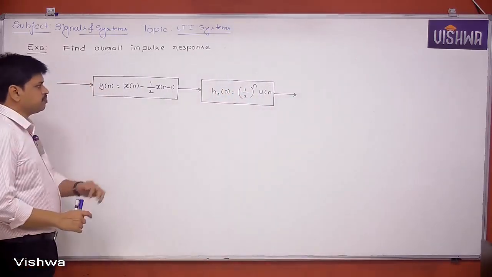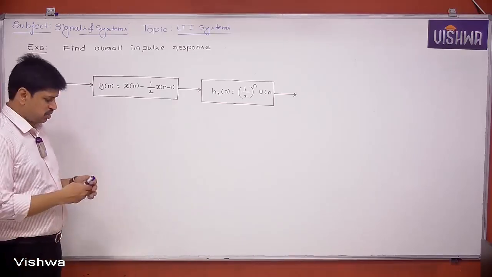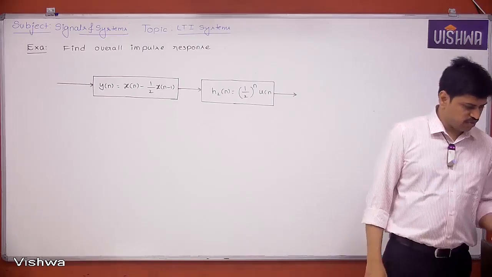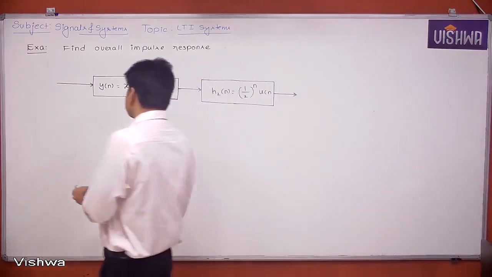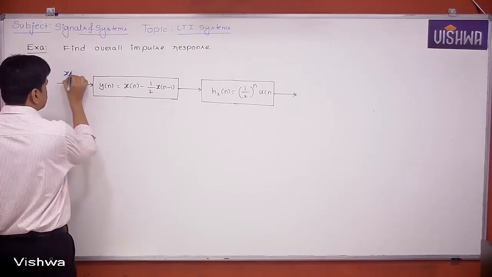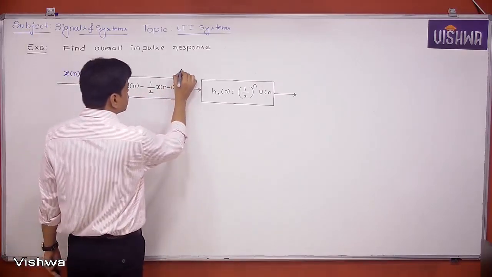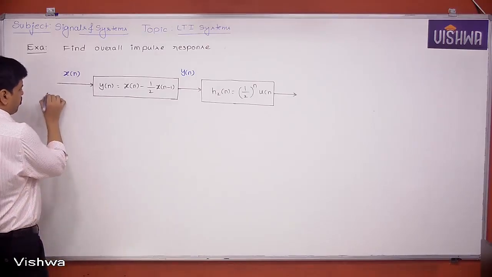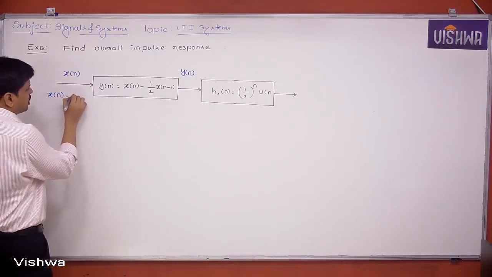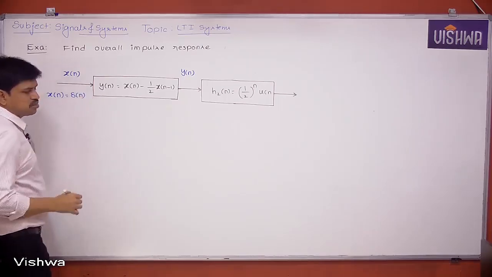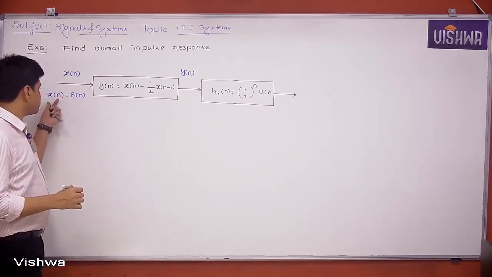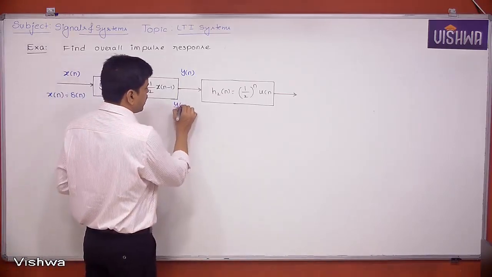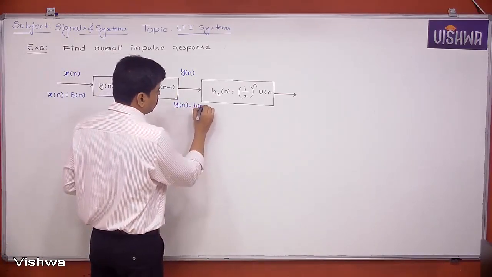So listen carefully. We know one thing. For this system, if the input is x of n, we are going to get the output y of n. Now my question: if the input x of n is delta n, that means if I replace x with delta, then we have to replace y with h of n.